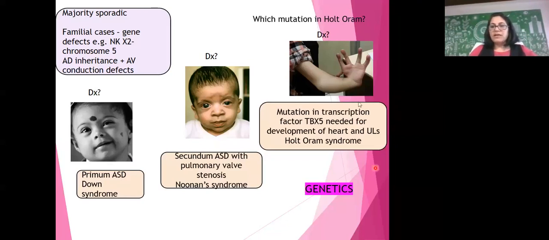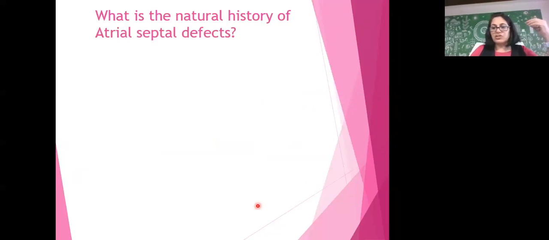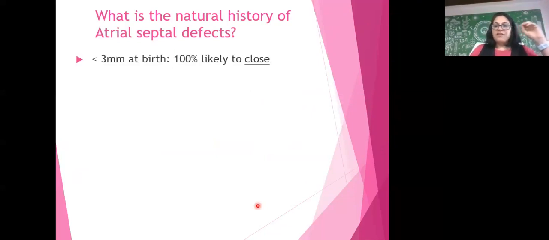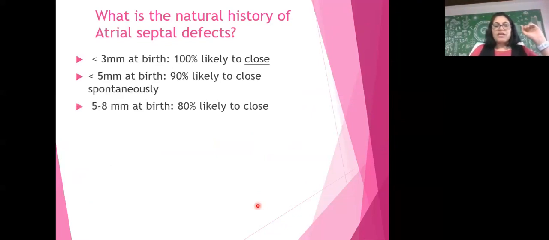Okay, so all clear. This is genetics in ASD. Now let's move to the natural history. What happens with ASDs? If it's less than 3 mm at birth, 100% is likely to close because it's already a PFO at birth. So most likely it's going to close. If it's less than 5 mm at birth, 90% are likely to close.